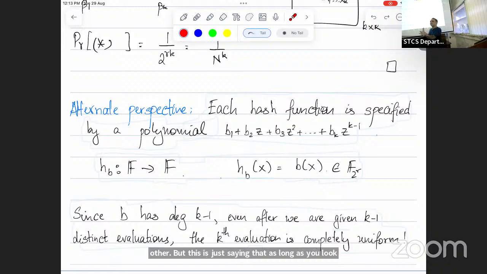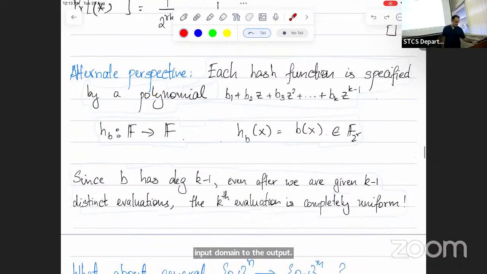So that's an alternate perspective of what these hash families are doing. You're just focusing on the correlation between different coordinates coming from evaluations of the same polynomial. I hope things are okay so far, and this gives a way of building hash families from the same input domain to the output domain.